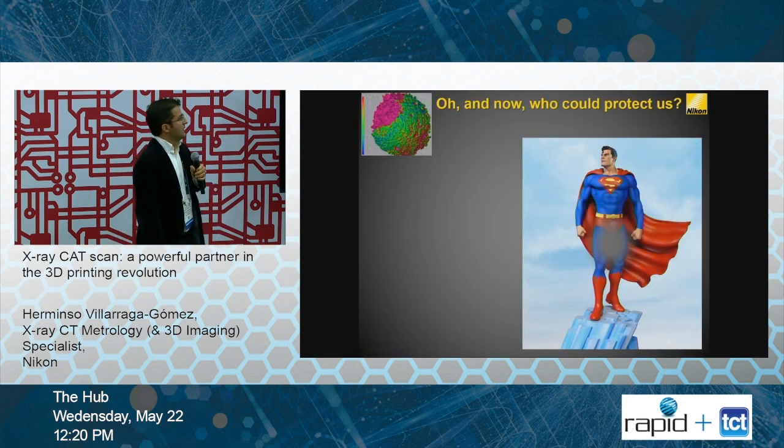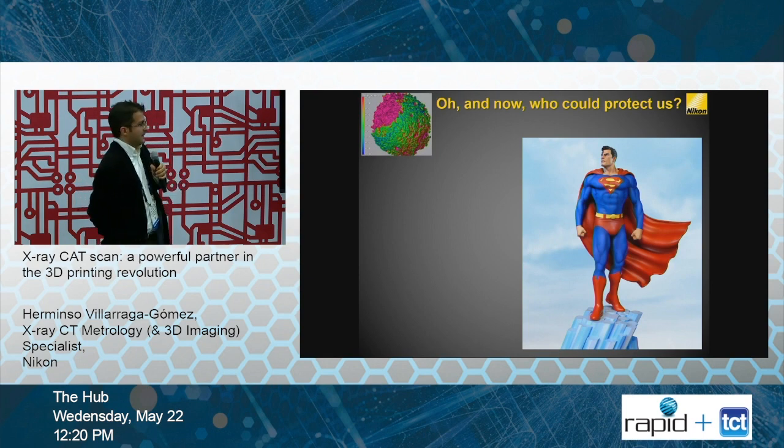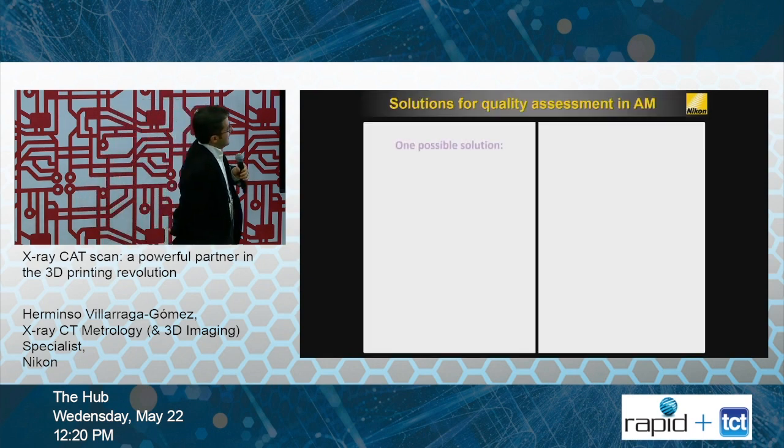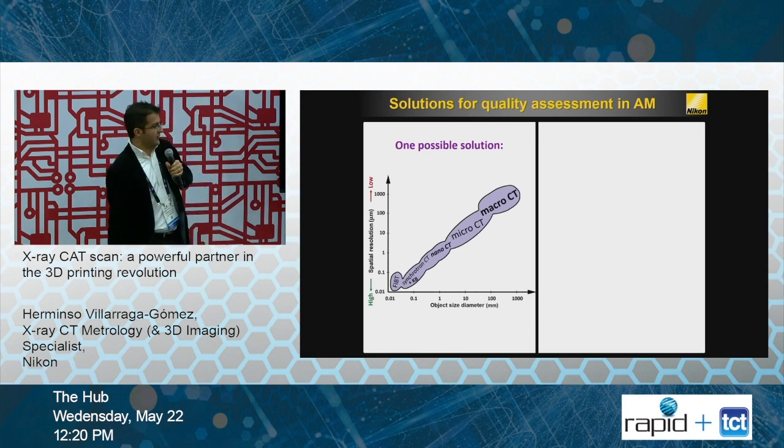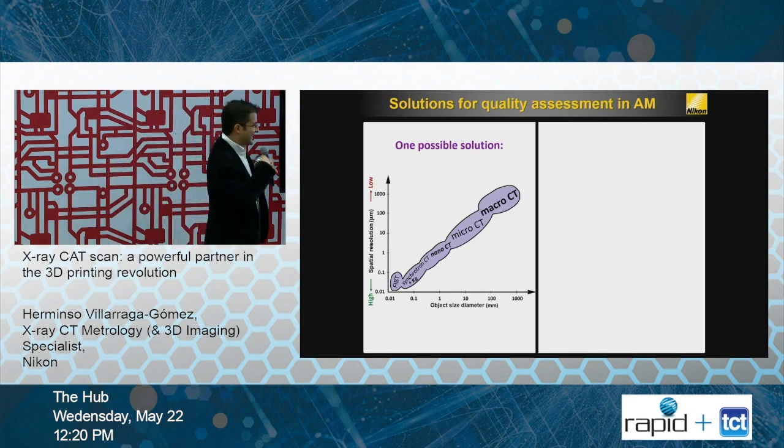So now, who could rescue us? Well, one possibility is X-ray computer tomography. And that's because we can see inside of the part without destroying it. And there are different kinds of technologies from X-ray CT that go from nano resolutions to macro resolutions.